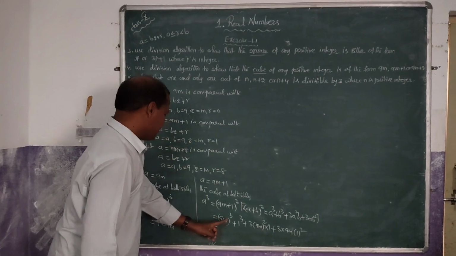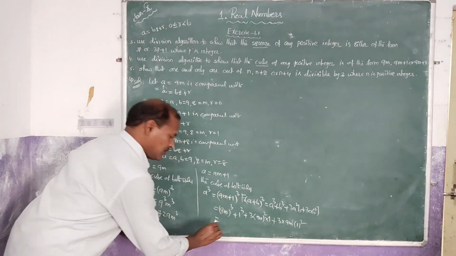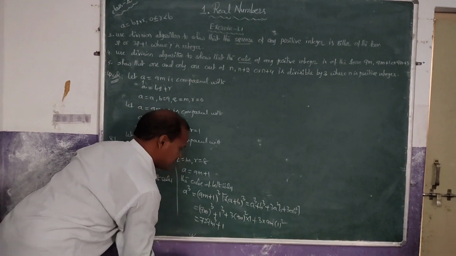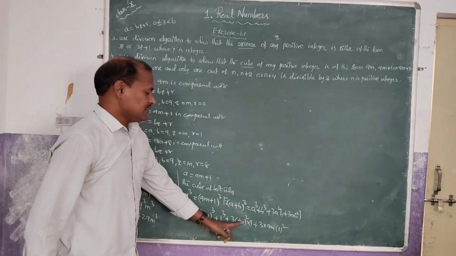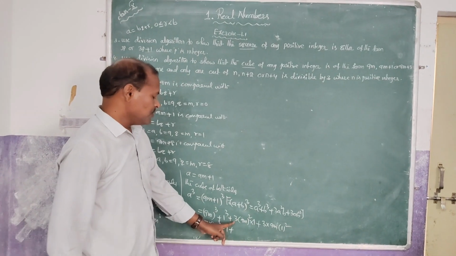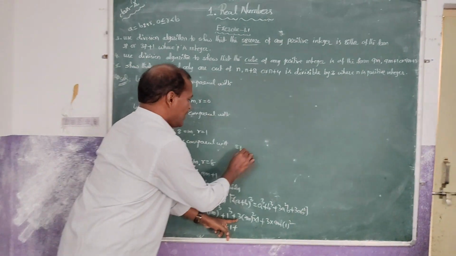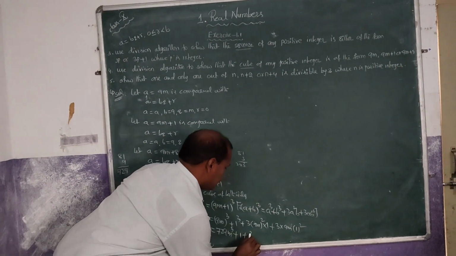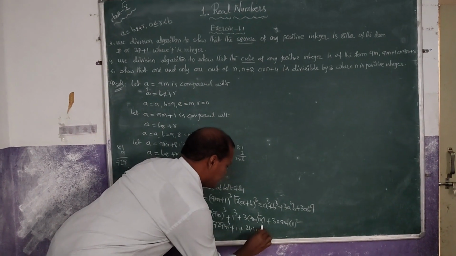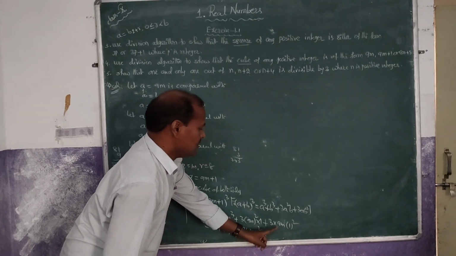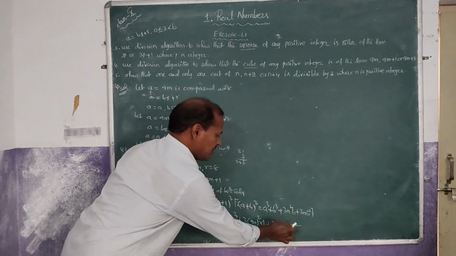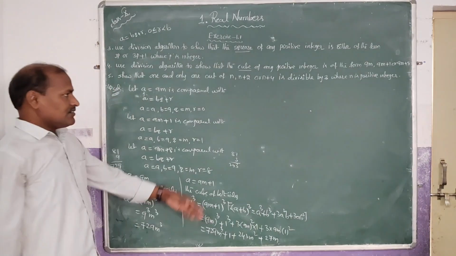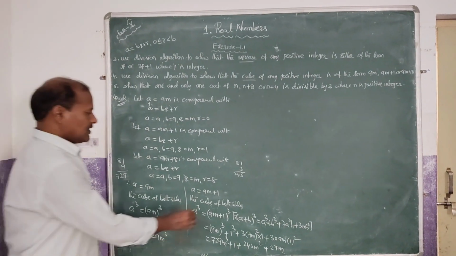Here 9m cube is already completed: 729 m cube plus 1 cube is 1, plus 9 square means 81, 81 into 3 is 243, 243 m square plus 3 nines are 27, 27 m. 1 square is 1 only. Next, the remaining is the same as usual and is completed.